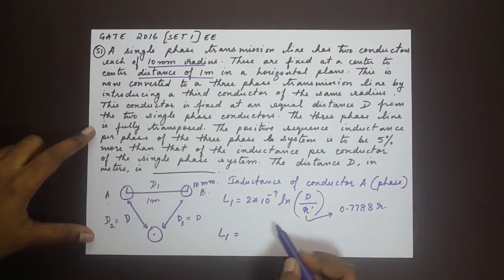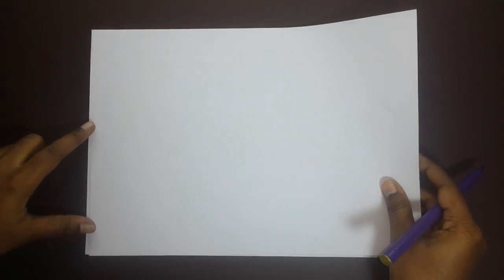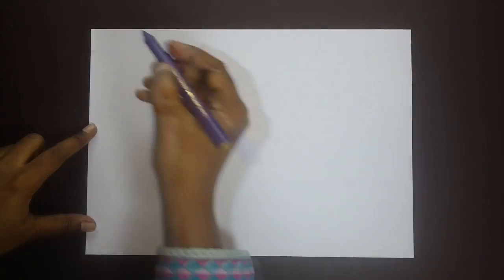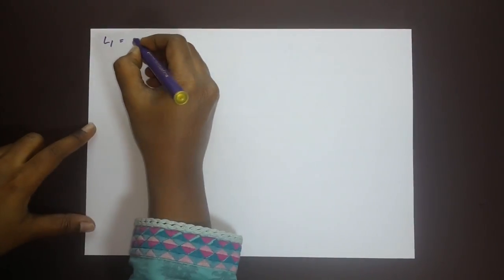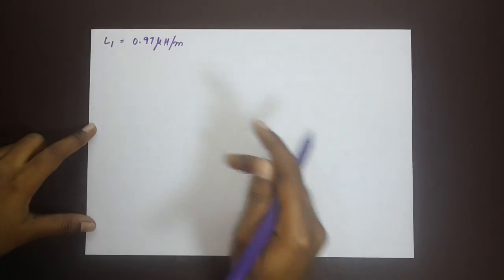D is 1 meter. So 2 into 10 power minus 7 ln of 1 divided by 0.7788 into 10 power minus 3, since it is millimeter. If we solve that, we get a value of L1 is equal to 0.97 microhenry per meter.